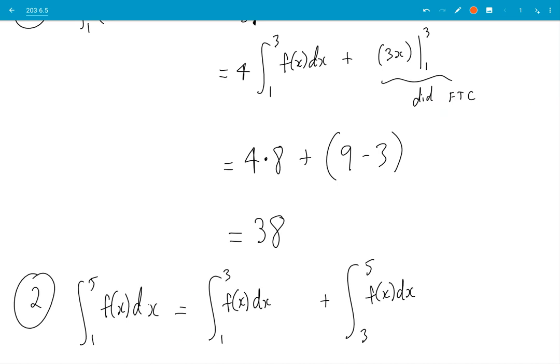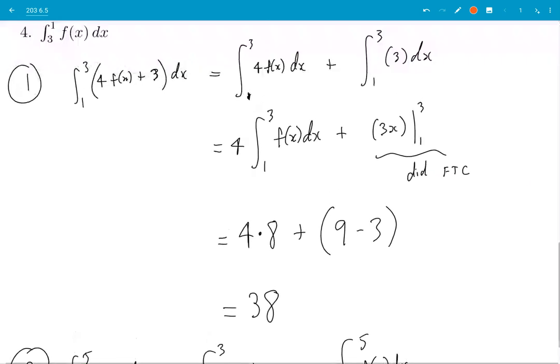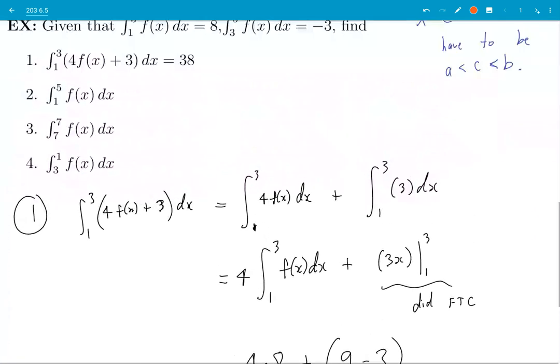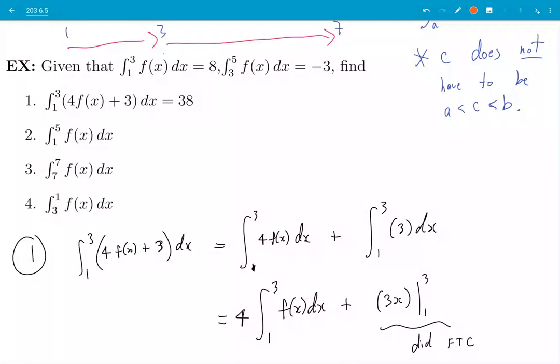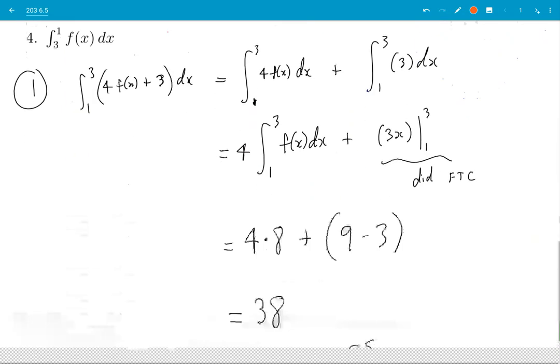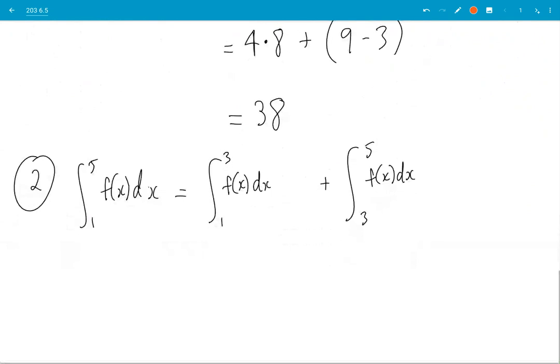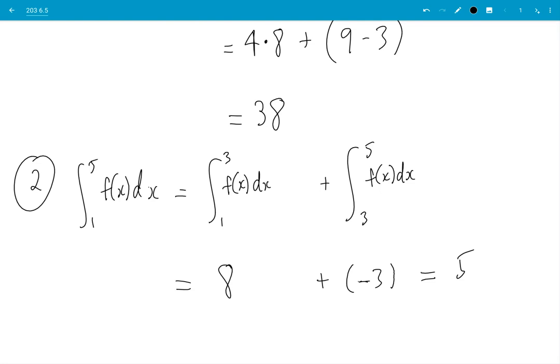But I chose 3 because the information I'm given in the question tells me that, because I'm given this piece of information and this piece of information. So these quantities down here are 8 and negative 3. So you get 5 there.